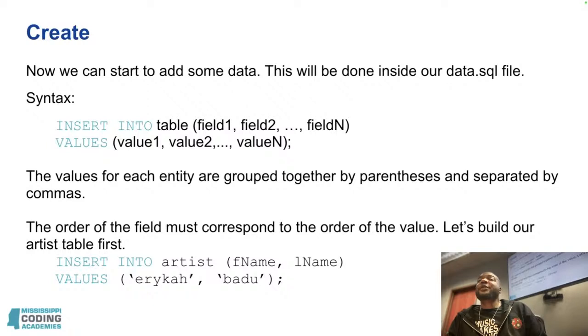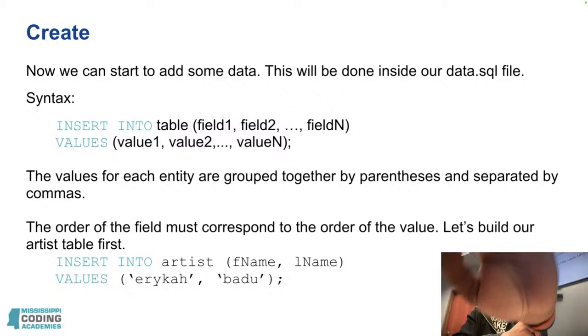We use this to enter data into the database, and this is still part of create, so this is part of CRUD. We're going to insert into, and then whatever table we want to insert into, and then field, field, to however many fields we're inserting data into, and then we need to say values, and then whatever values we have.